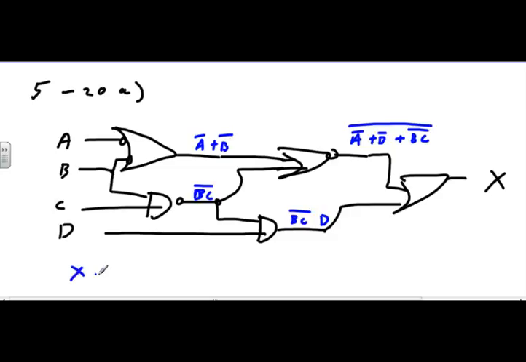So X is going to be A naught, D naught, B, C knotted, the whole thing knotted, or B, C knotted, D.